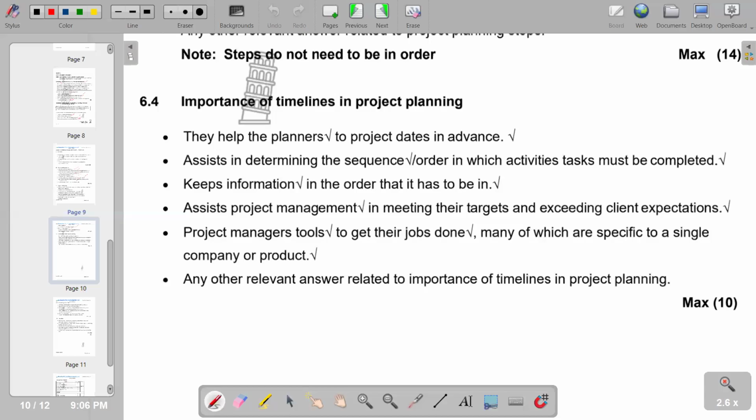So these are the importances of timelines in project planning. They help the managers to project dates in advance, assist in determining the sequence or order in which activities or tasks must be completed, and keep information in the order that it has to be in. So these are the importance of timelines.